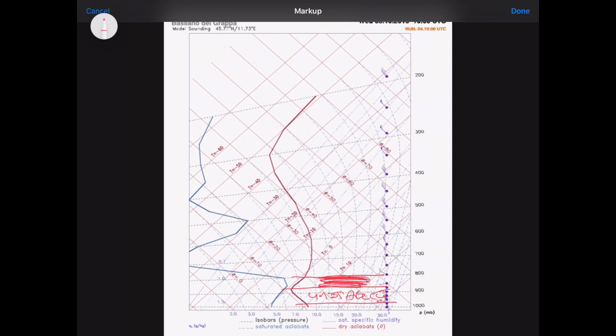This is inverted. This is absolutely stable up until it gets to about this level here. So this is absolutely stable. Then it follows the SALR line here. Starts to become more stable around this area here. So this is just stable. Then again, absolutely stable.